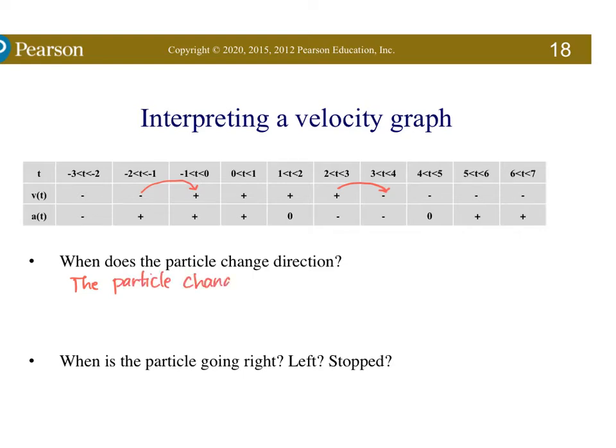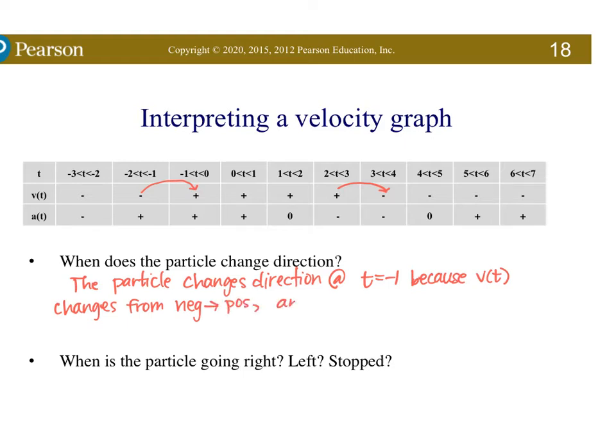And we say it changes direction at time equals -1, because v of t changes from negative to positive, and also at t equals 3.